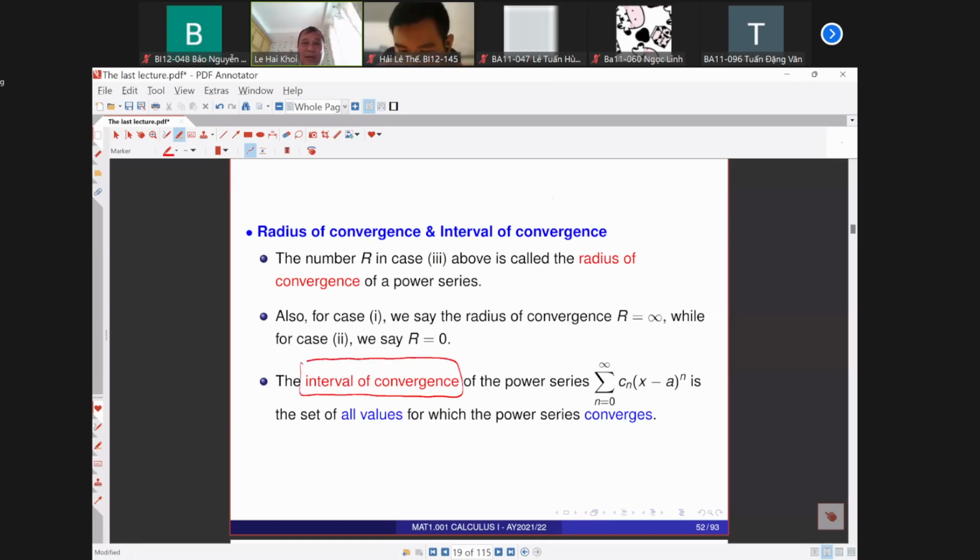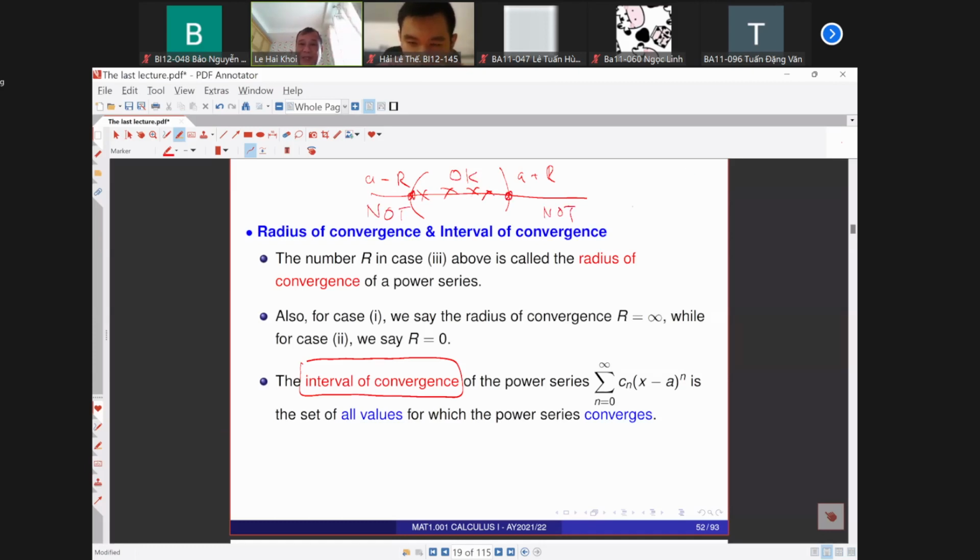So now you look at that. This A minus R, A plus R. So inside we are okay. Outside, not okay, right? Diverge. But at those 2 points, we don't know. It can happen that at these 2 points A plus minus R, you have convergence.